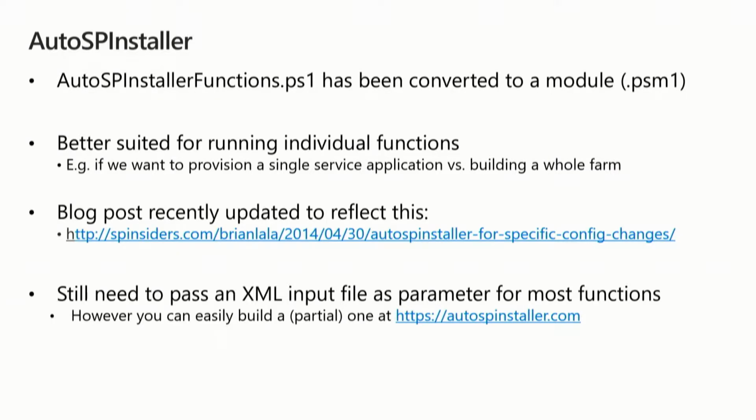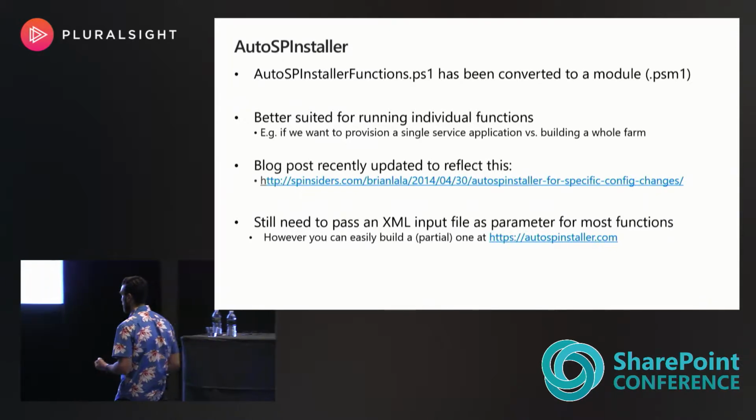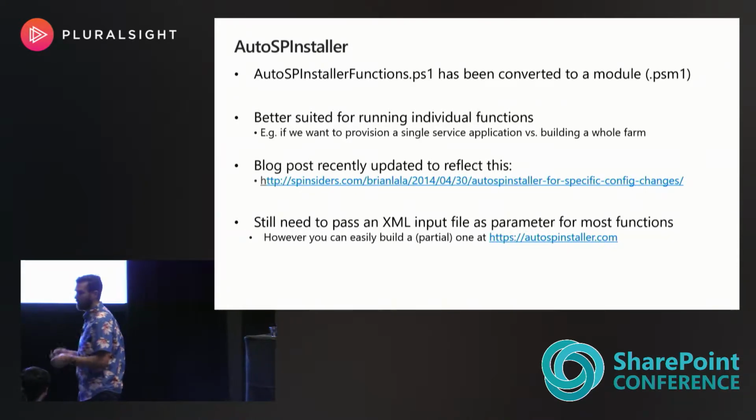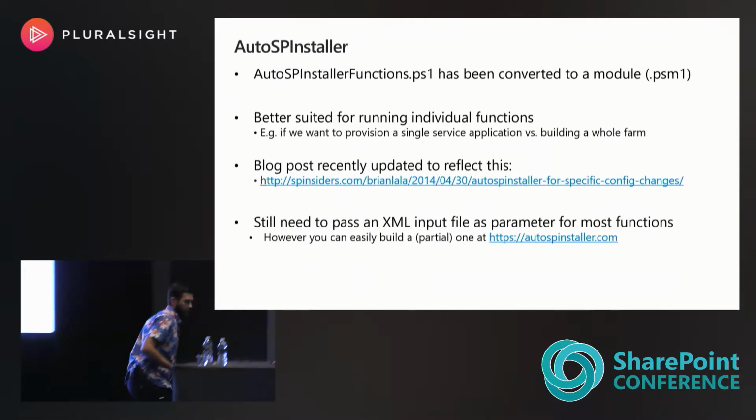The unfortunate thing is, as opposed to working with a lot of modules that you might be comfortable with, because in a lot of cases it'd be up to 10 parameters to pass at once, we still need to pass an XML input file as a parameter for most of the functions. In fact, when I go back to the demo and I show you the command that I ran to provision the search service application, we really just loaded the XML file that we had pre-populated with the information for the search service application, and we passed that as a parameter to the command.